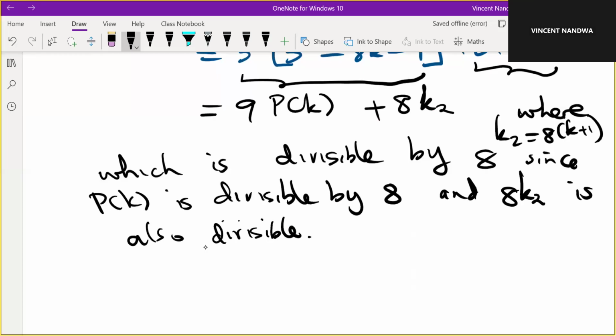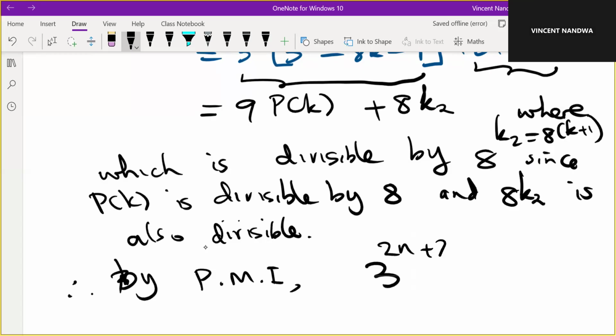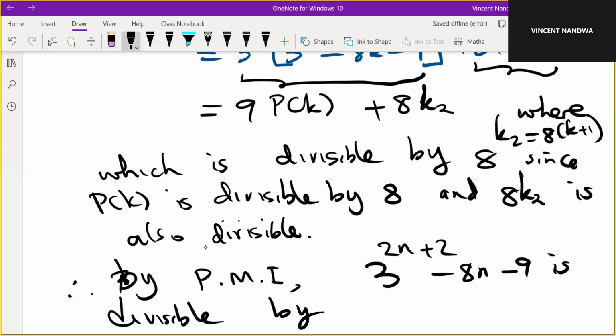Okay. Yeah. So therefore, by principle of mathematical induction, 3 raised power 2n plus 2 minus 8n minus 9 is divisible by 8 for all natural numbers greater than or equals to 1.